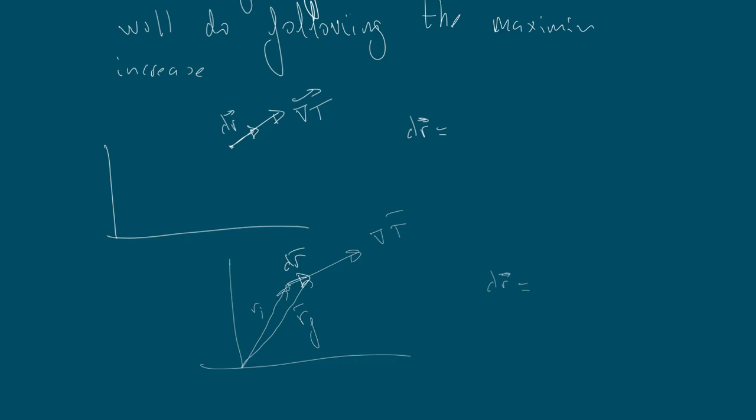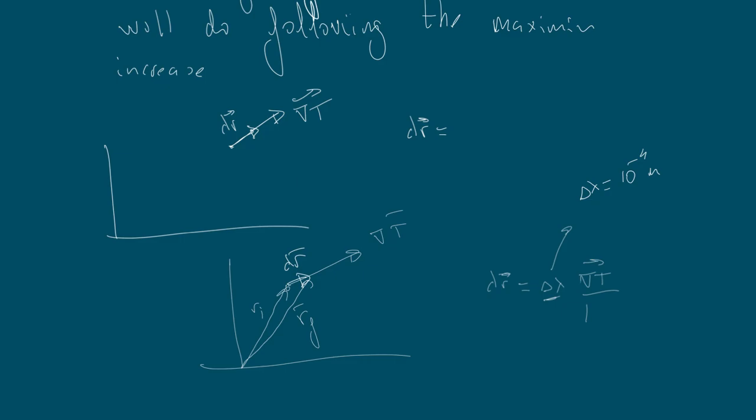So I want the change in R, a small step delta lambda, to be parallel to the gradient of T, and I want to do it in a way that I control the step that the insect will do, fixing delta lambda small, maybe 10 to the minus 4 meters, or changing the value of delta lambda.